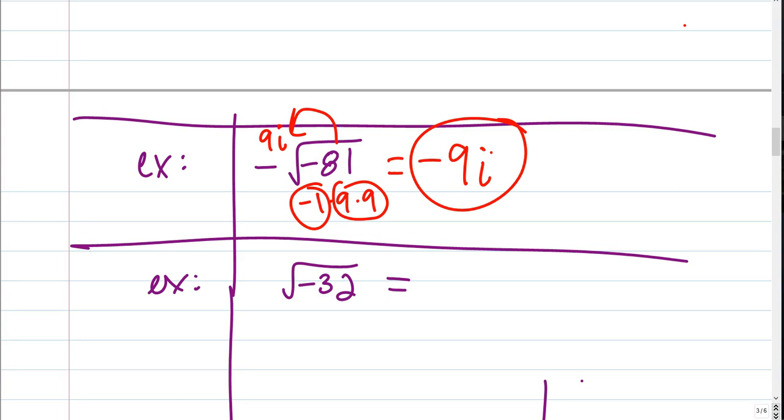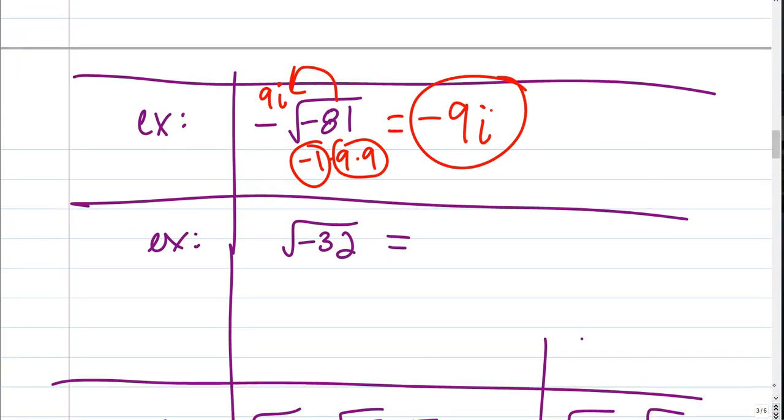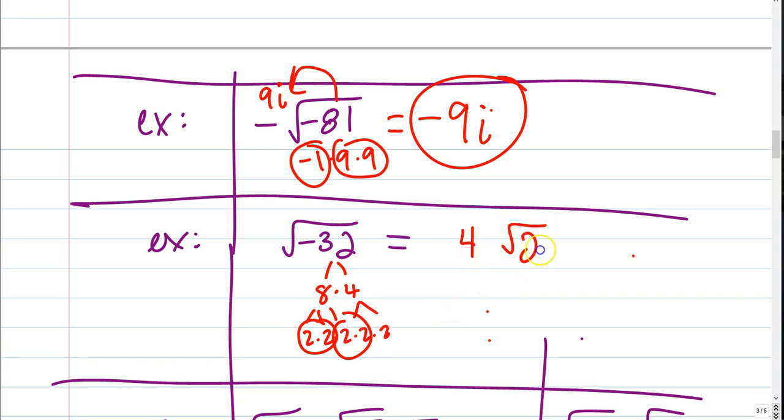The square root of negative 32. 32, I believe, is 8 times 4. 2 times 2 times 2 times 2 times 2. Pulling out groups of 2, I see that a 4 comes out, and a square root of 2 is left over. But it was also negative, so there was a negative 1 in front of all that.